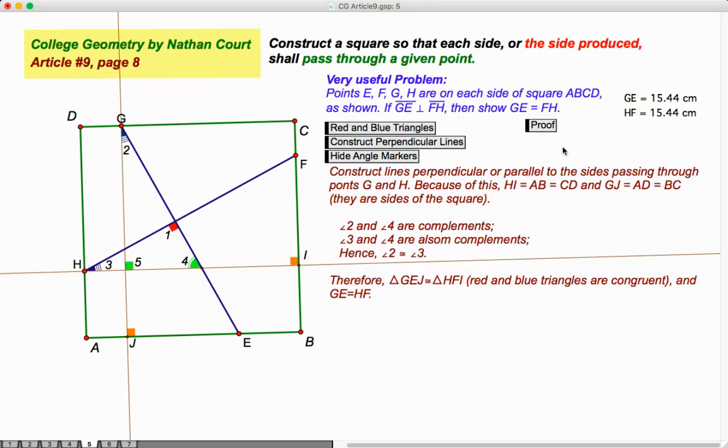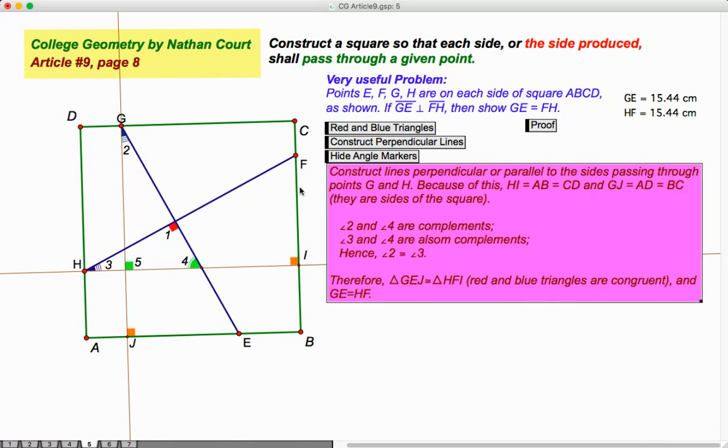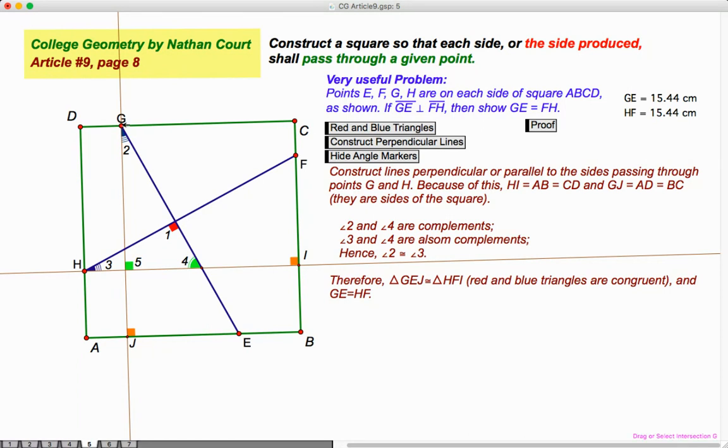Here it is. So we constructed lines that are perpendicular or parallel to the sides of the square through points G and H. Through G, construct a line perpendicular to the side or parallel to this side.